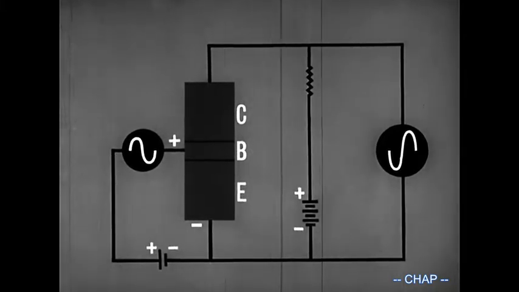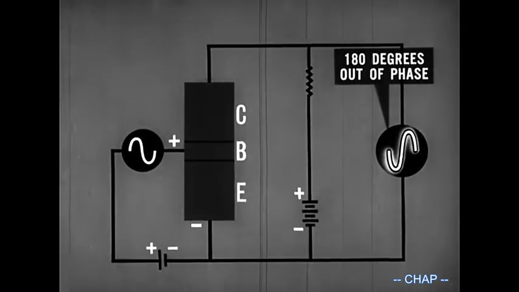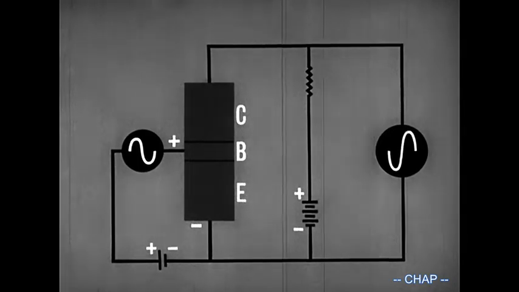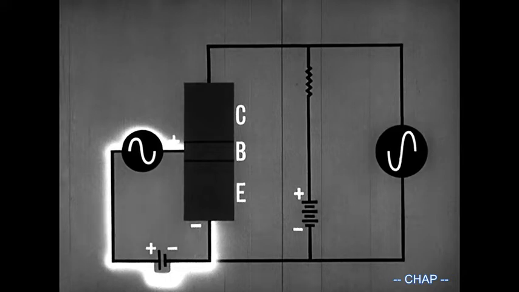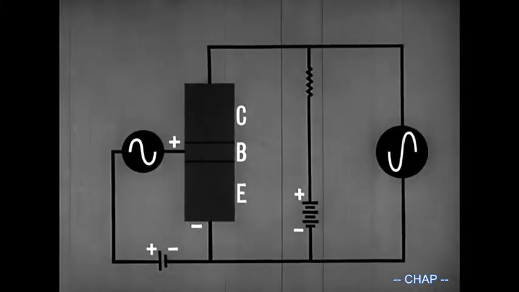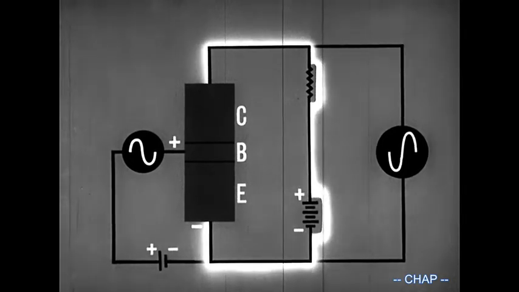Note, too, that it is 180 degrees out of phase with the input. Amplification is achieved by having the low voltage or forward bias circuit control the output of the high voltage or reverse bias circuit.